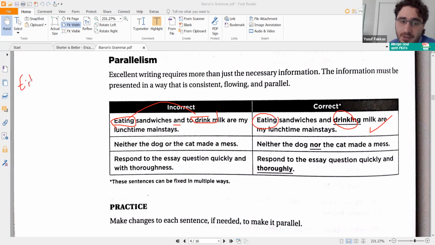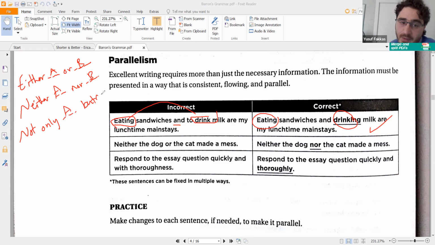Another thing that we can add to the parallel structure is those. We have either A or B. And then we have neither A nor B. The third one is not only A, but also B. Okay, so this is also part of the parallel structure.